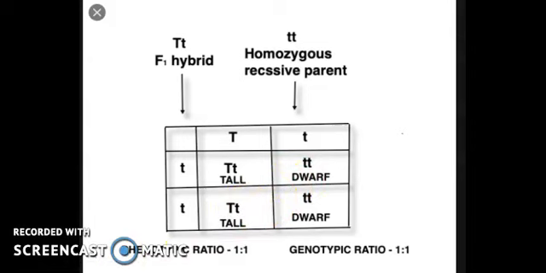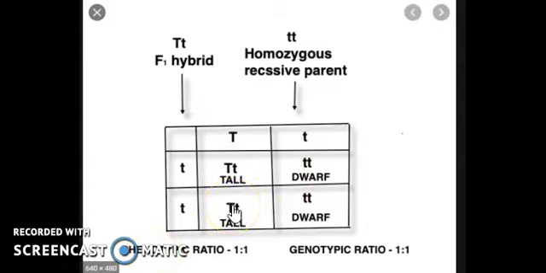This is because the recessive parent produces only one type of gamete, that is small t, and the hybrid will produce two types of gamete, capital T and small t. Therefore, half of the progeny will have genotype capital T small t, and half of the progeny will have genotype small t small t.